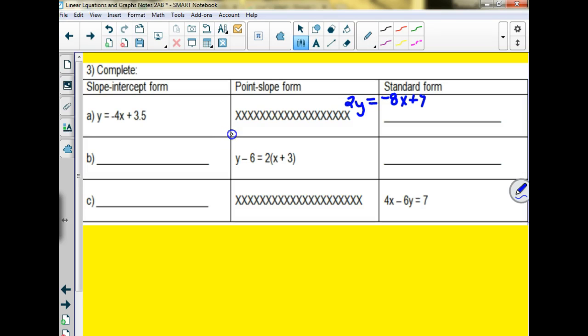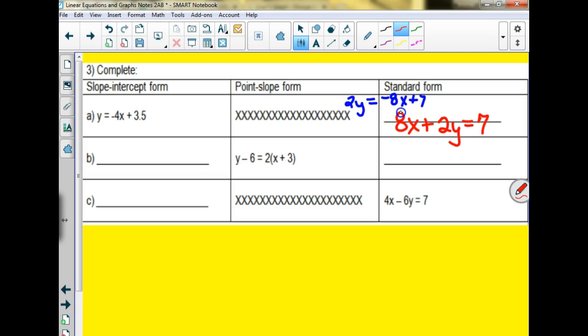All right, almost in standard form. What do we have to do to finish up? Add the 8x over there. Yep. So we'd have 8x plus 2y equals 7. What is that form good for? Well, it looks pretty. There's no fractions.